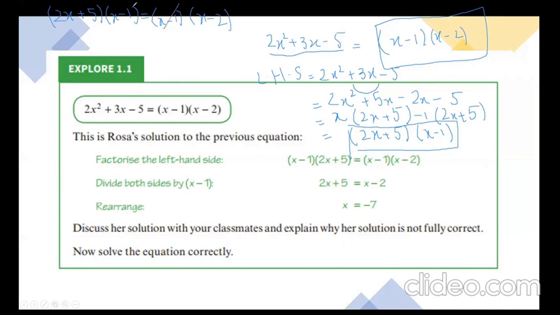Now x minus 2 cancels out, so what remains is 2x plus 5 equals x minus 2. So 2x minus x equals minus 2 minus 5. So x equals minus 7.